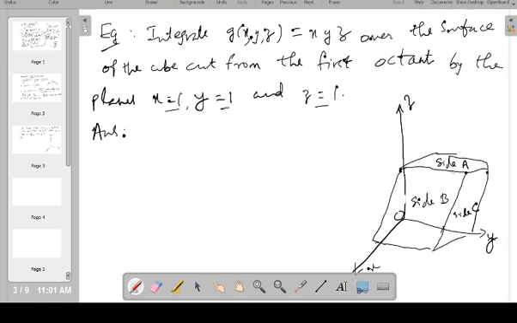Side A is the upper face, and side C is the side face. Three other sides you will have, but I am not going to mark them.